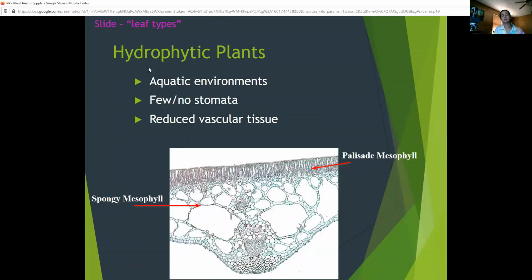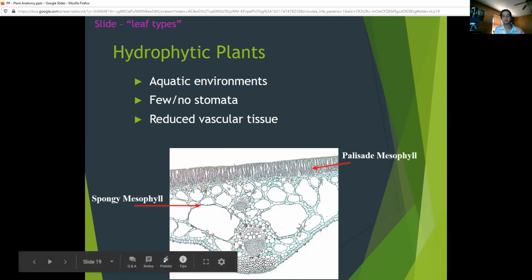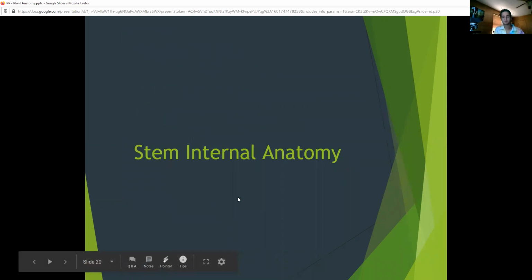So hydrophytic plants, they live in aquatic environments. They have few or no stomata. They also have a reduced amount of vascular tissue. So let's go ahead and take a look at that. Let's go back.